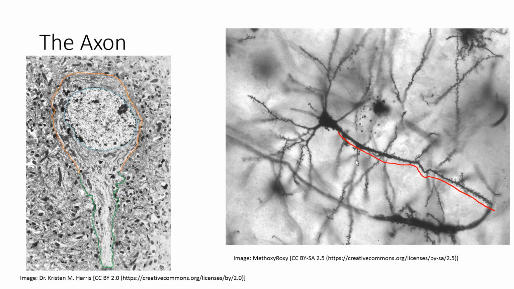The axon begins at a structure called the axon hillock. So this kind of pyramidal area here, that is the axon hillock. Now, if we look at this transmission EM on the left, we can see the transition from soma, which the people who made this image have colored orange, to the axon hillock, and the axon itself is colored in green. So this is called the initial segment.